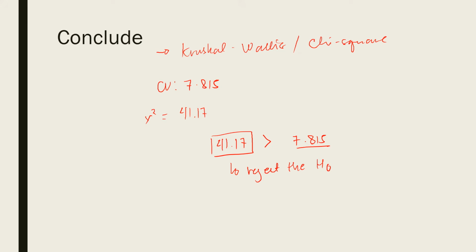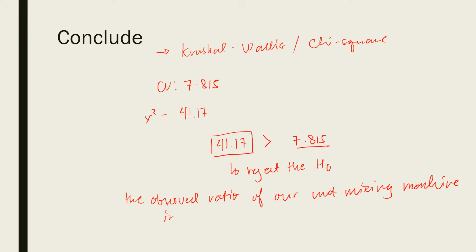And that means, in this case, that the observed ratio of our mixing machine is not 4, 3, 2, and 1. Okay, so that would be our conclusion.